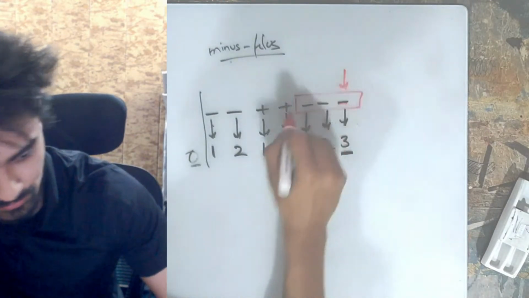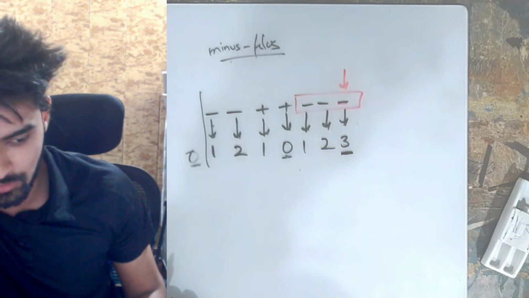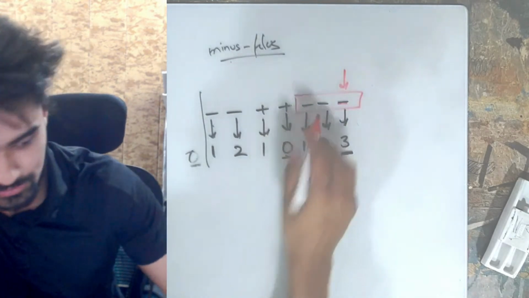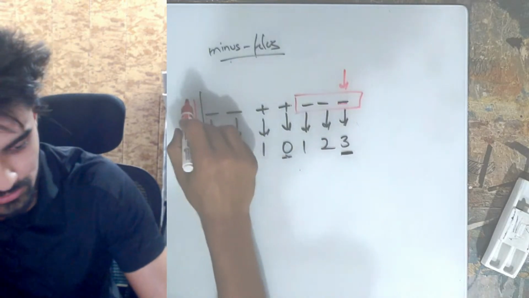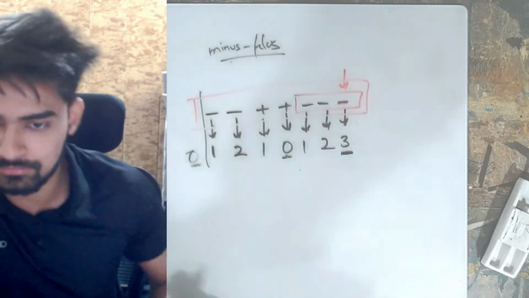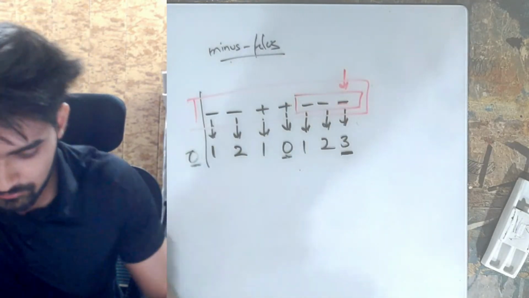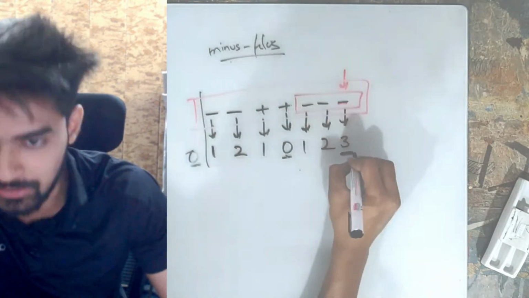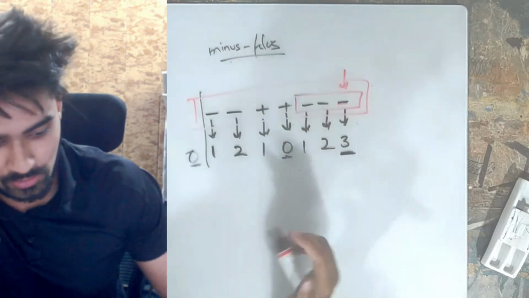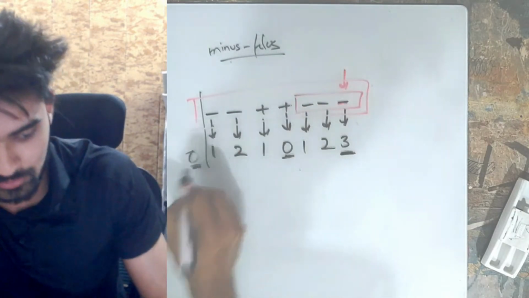One is this subarray. The other subarray, okay, this is the only subarray we have here, or the other subarray is this complete subarray. Which means when we had minus minus plus equal to 3, you had to count all the number of zeros you had before this.